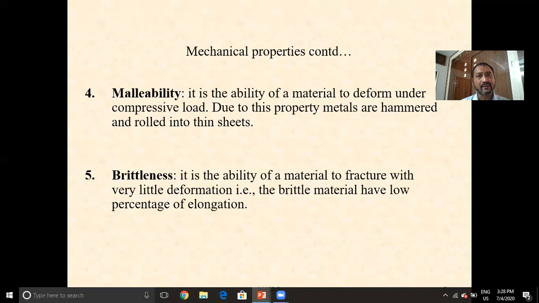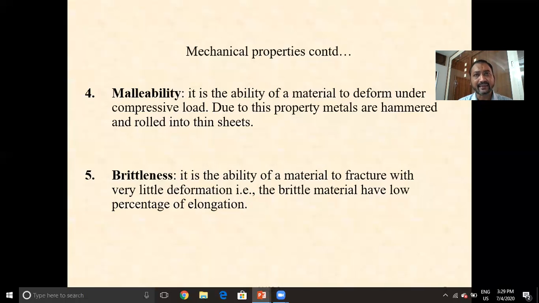It can only resist compressive stresses. When it is subjected to tensile stresses, it will break with a little amount of tensile stress. Therefore, cast iron is one of the brittle materials, and it can be used for the bases of machines.